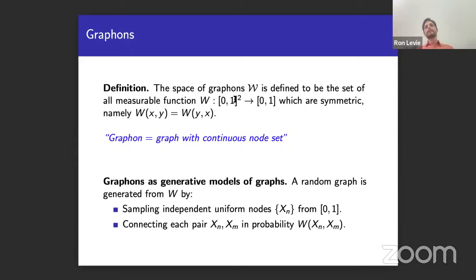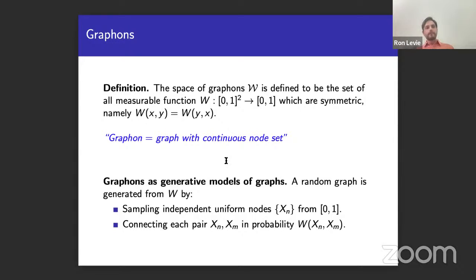So we don't use any metric or topological property of [0,1]. [0,1] is not the one-dimensional line. [0,1] is the measure space [0,1], the standard probability space. As a measure space, it is equivalent to many other spaces: [0,1] to any power, in any dimension, any compact manifold, any Polish space and so on. So limiting the space of nodes to be [0,1] is not a limitation. This is the generic case in a sense.